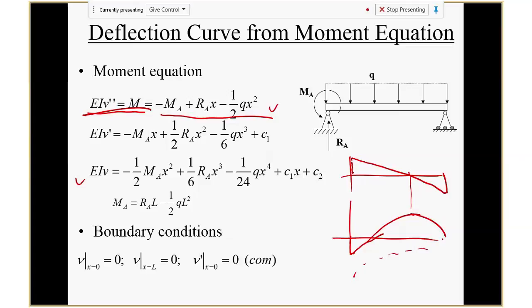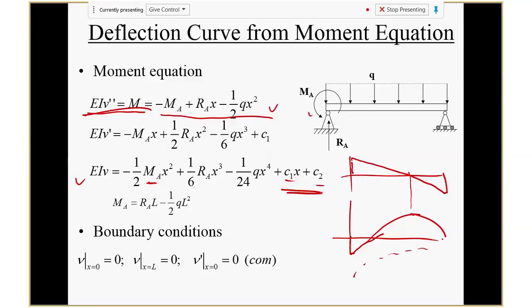Now we have the solution, but we have 2 integration constants. Besides that, we don't know MA yet. MA is another unknown, because I removed the restriction and just labeled it MA, but I don't know the value. So basically, we still have 3 unknowns. How can we determine them? How do you determine these 2 constants?